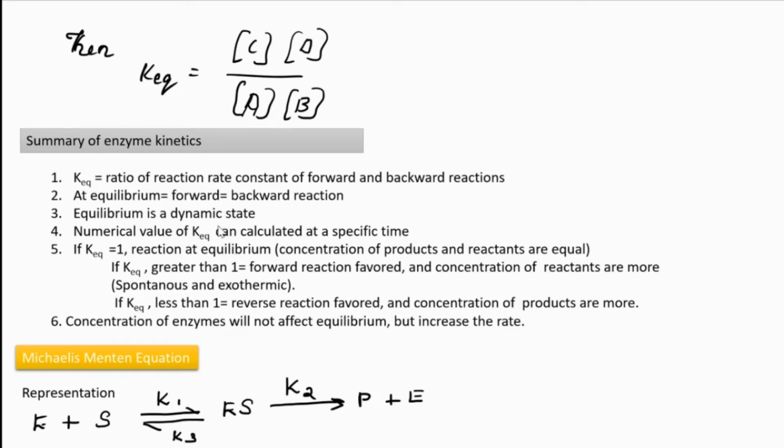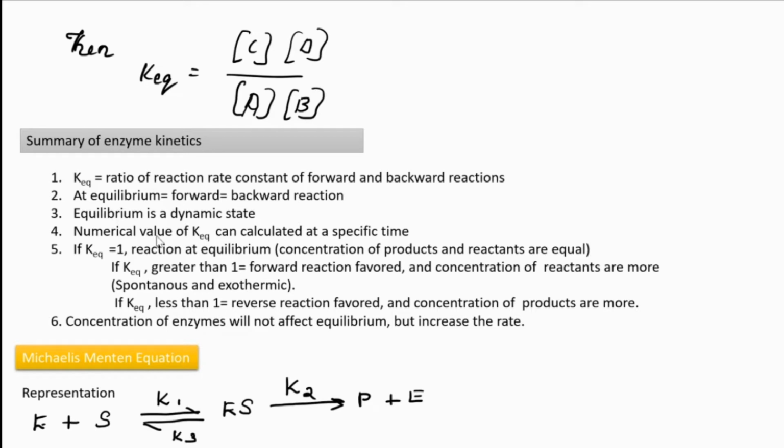So it is not static, it is dynamic. Then the numerical value of K equilibrium can be calculated at a specific time. At each specific time, it is possible to calculate the numerical value of K equilibrium.